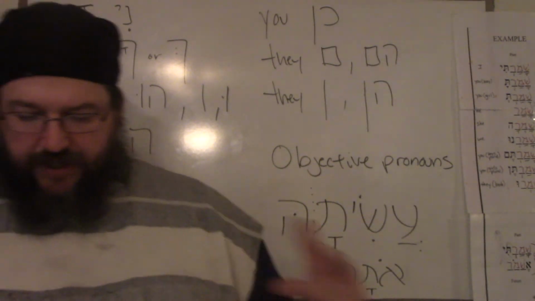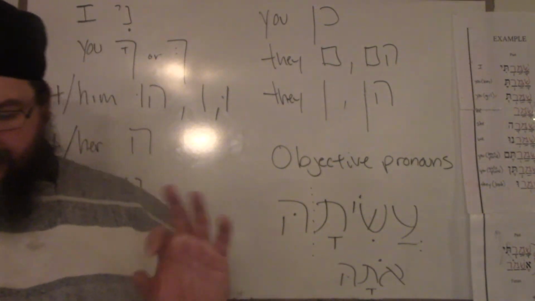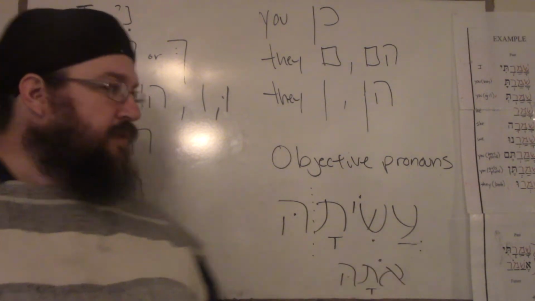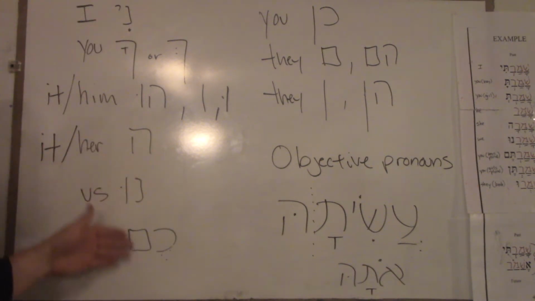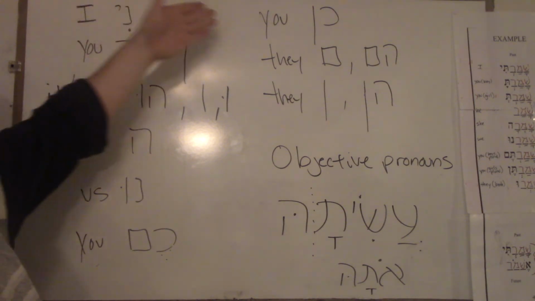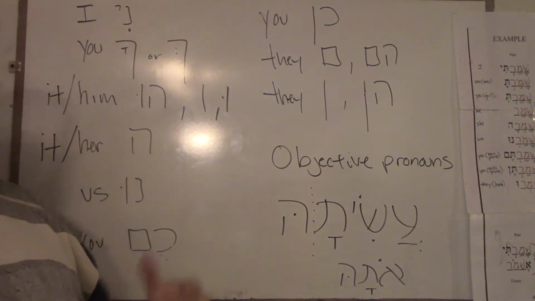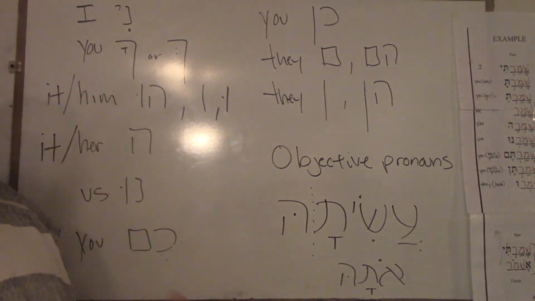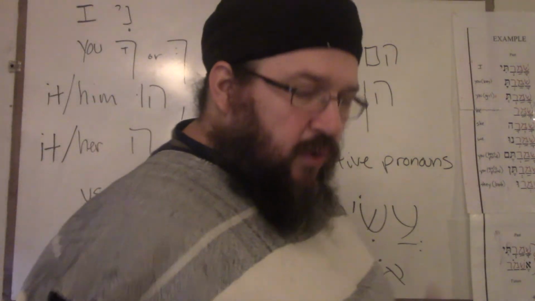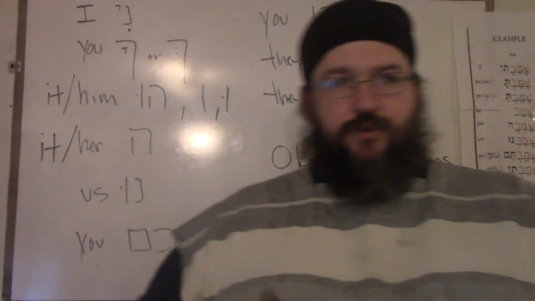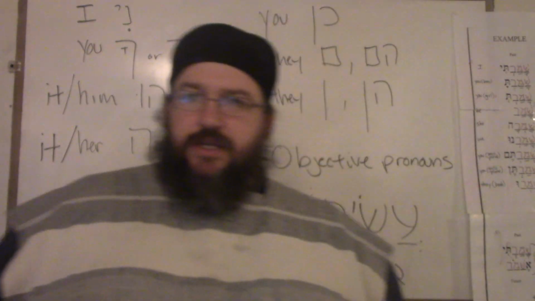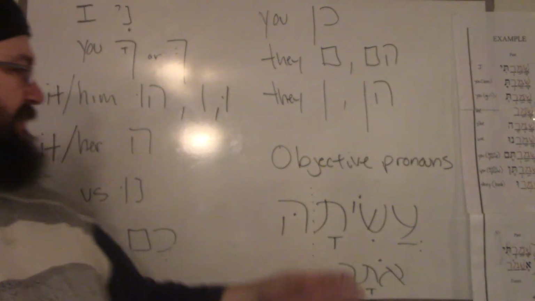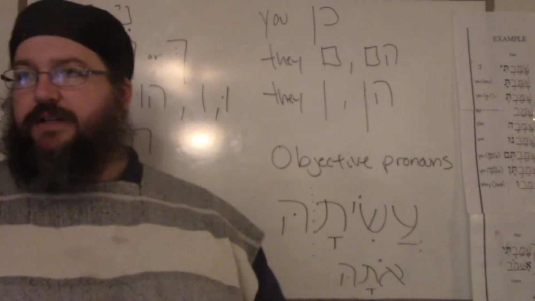So that's vitally important. The rest of the stuff you're going to see is just going to repeat the same stuff I'm doing. So whether I put a hey, a nu, a chem, a hu, a cha, a ni, a chen, a am, a nun, it all is going to be the same thing, okay? So your homework assignment should be: go open up a Tanakh, go open up a Torah, and start looking for all of the verbs that you can identify quickly, and see if you see an objective pronoun attached to it.